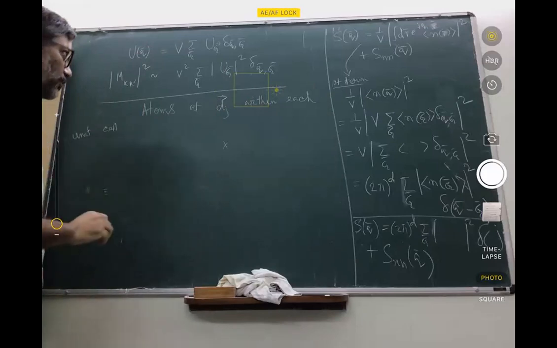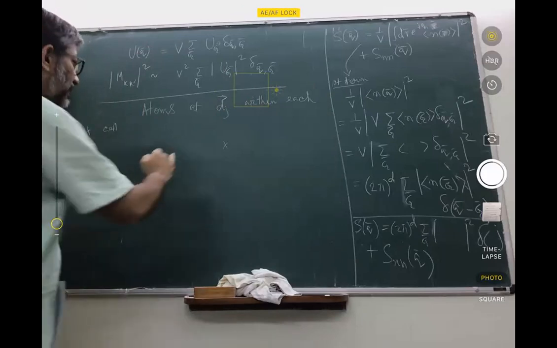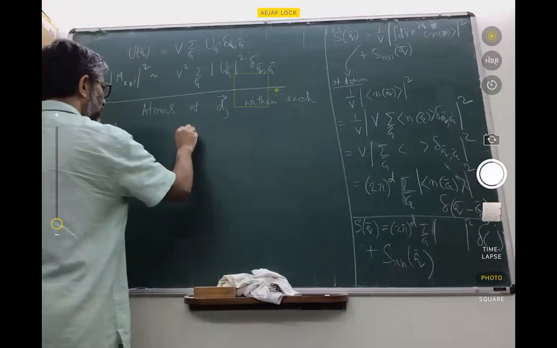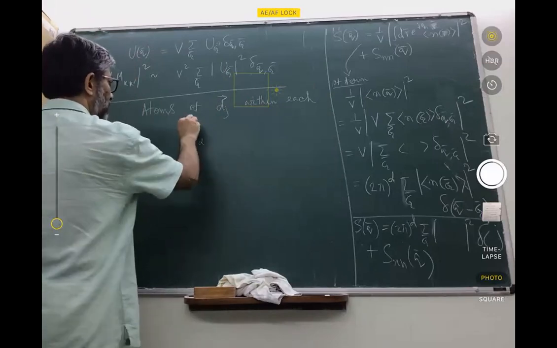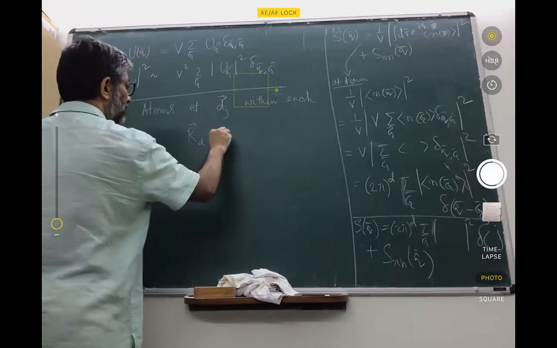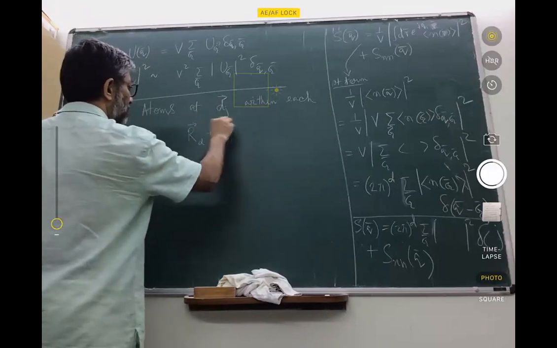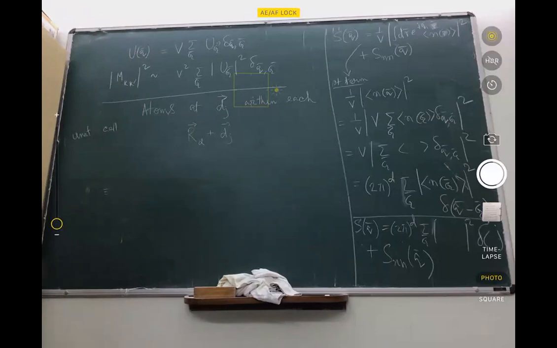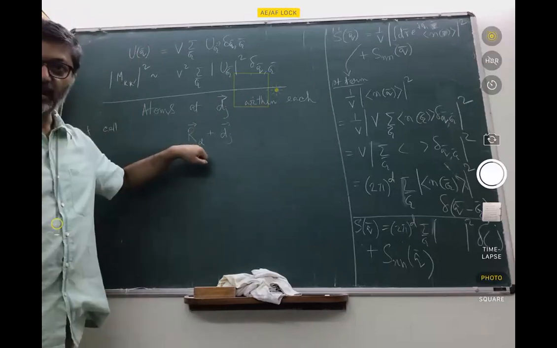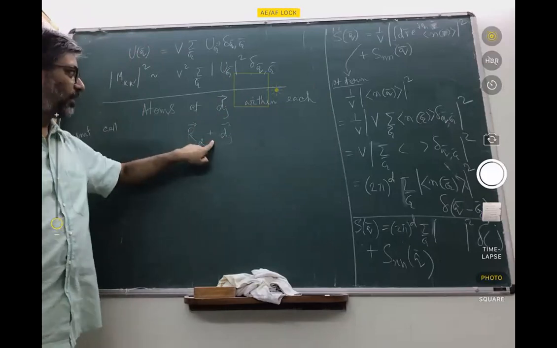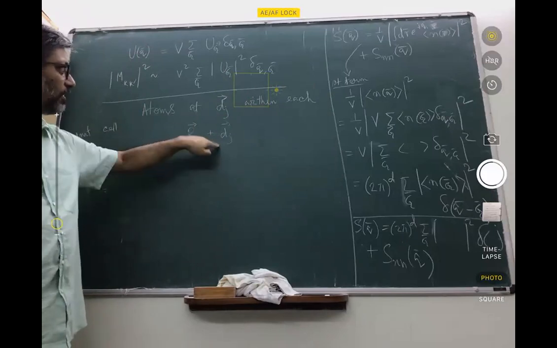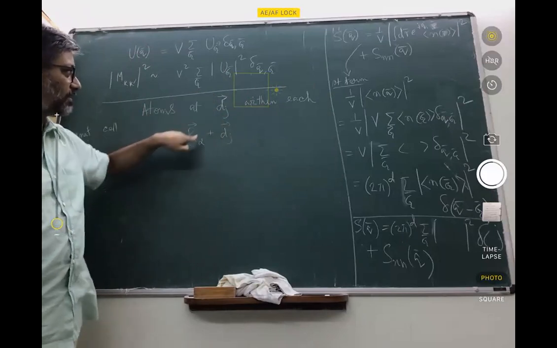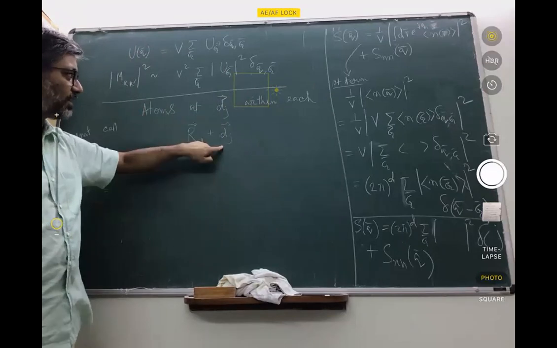In other words, the actual locations of the atoms are at R_alpha plus d_j: you go to a lattice site R_alpha, and from that point you go along these vectors d_j.